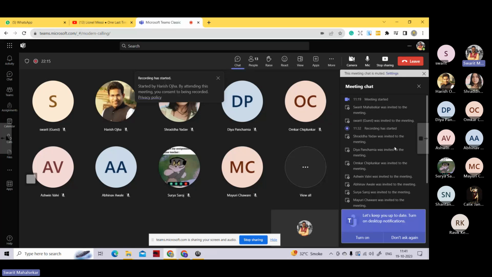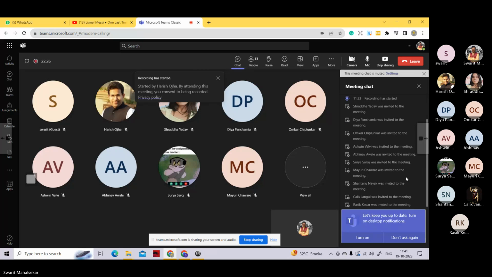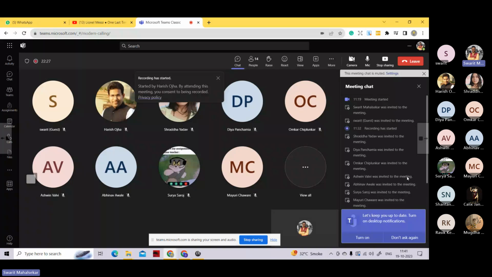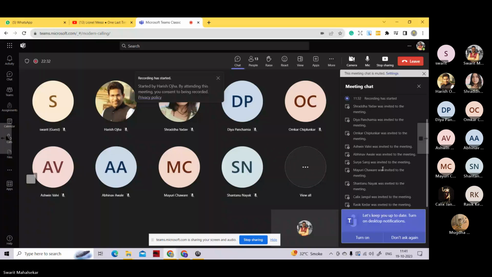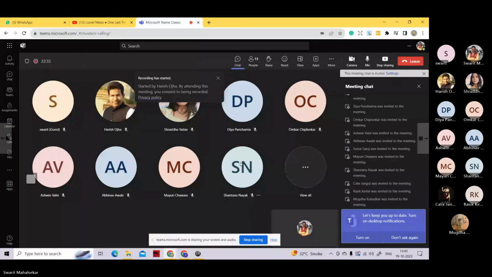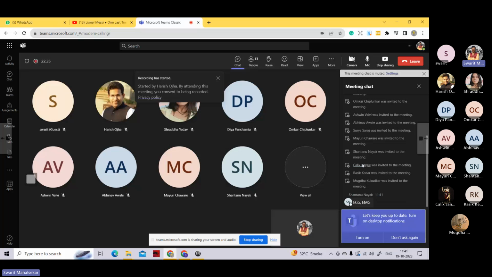Can someone give the answer: which sensor should we use for this project? Any rough idea, basic idea will also help. ECG, EMG, no, it should be non-invasive.